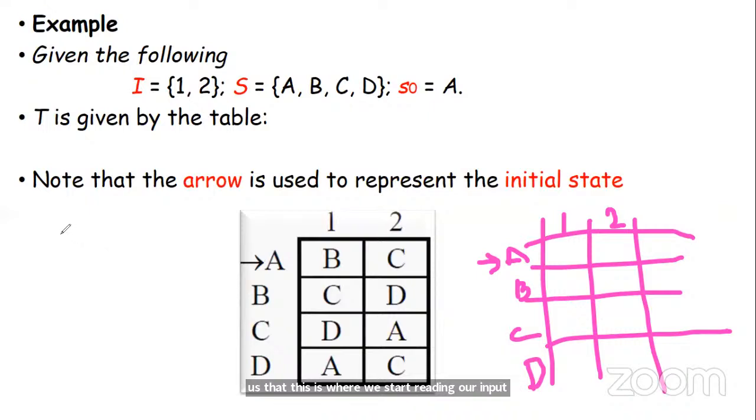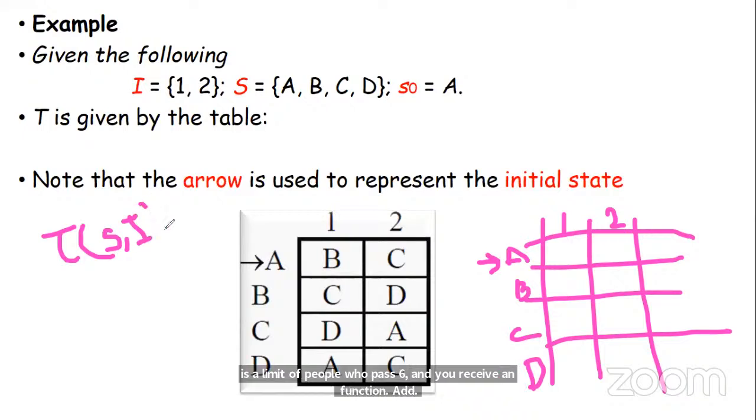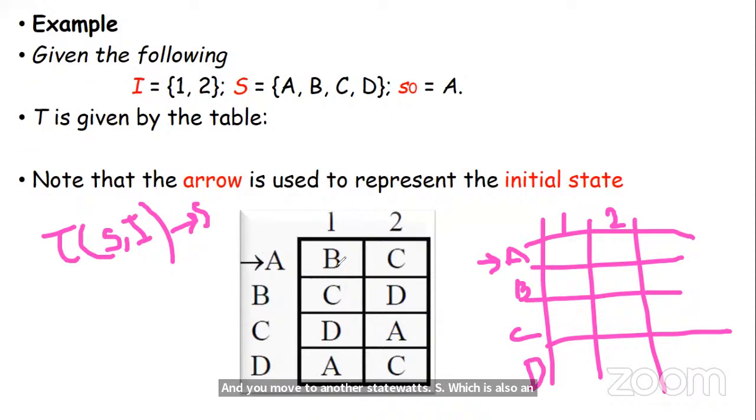So according to this transition function, which is defined informally as T, when you are at a state S, which is an element of the global set, and you receive an input symbol I, then you move to another state, what? S, which is also a state. So this is what it means.